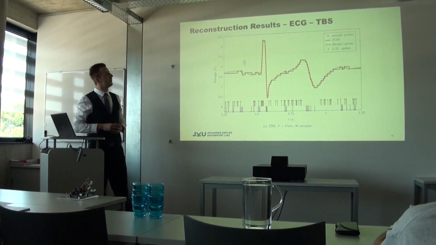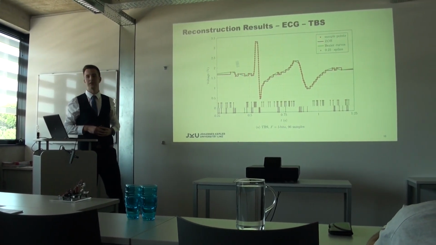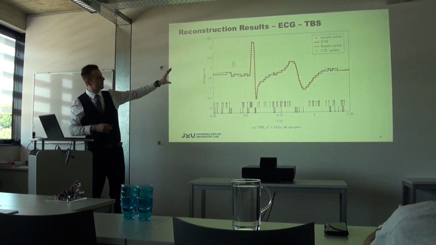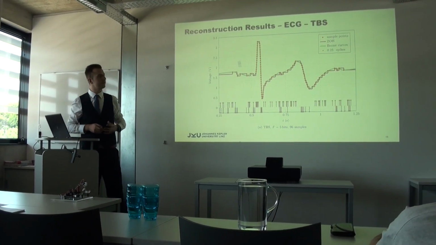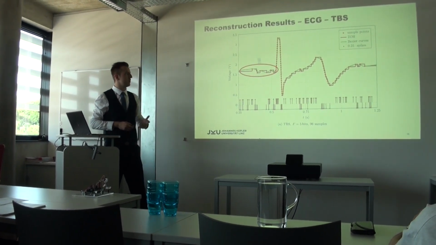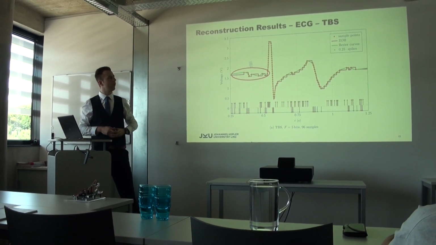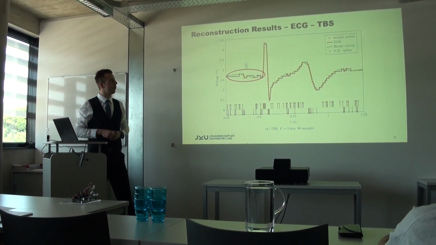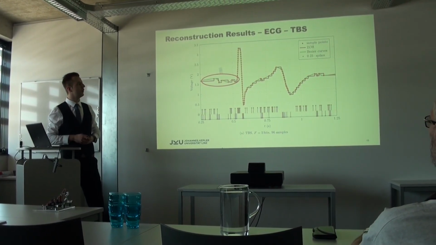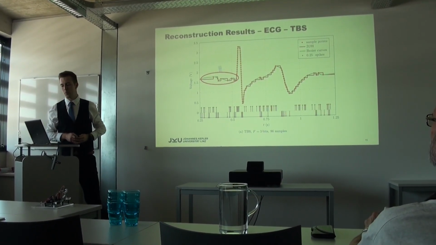And for an ECG signal, this looks like this for the threshold-based sampling case, so with fixed thresholds. We see that the QRS complex is well sampled, but here in the sparse time domain we have less samples. For adaptive threshold-based sampling, we now have two parameters in the digital core we can tweak to increase or decrease the samples.